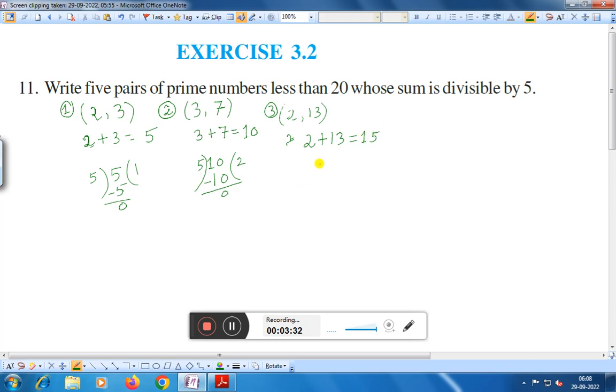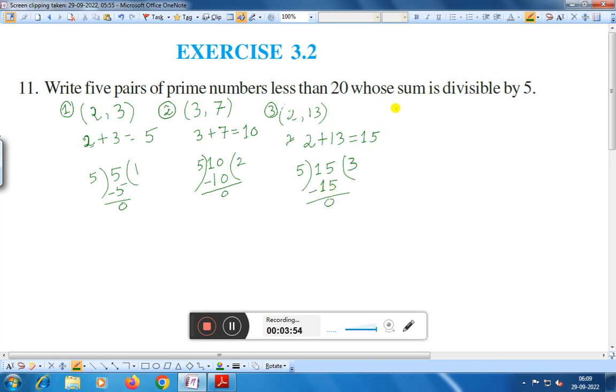Okay. Now 15 is also divisible by 5. If we divide 15 by 5, 5 threes are 15. It is also divisible by 5.